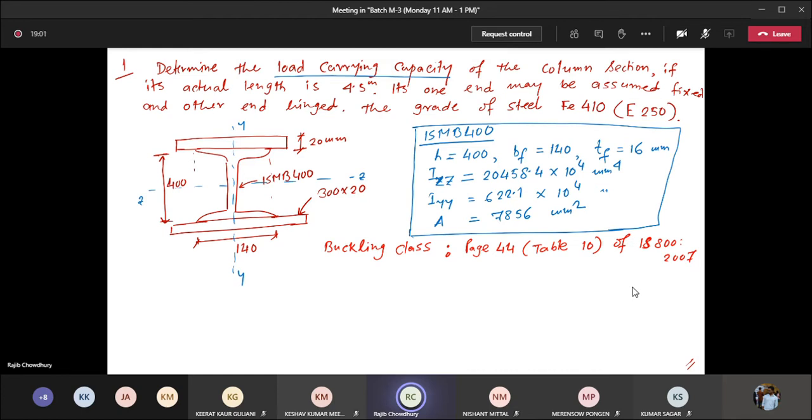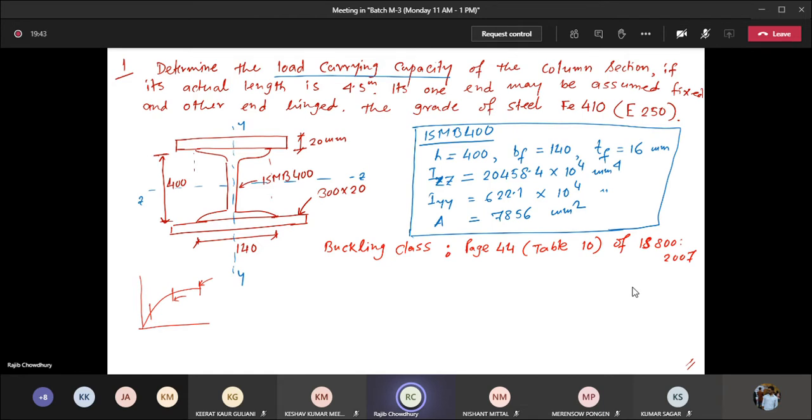I think in my very first lecture, or maybe the third or fourth lecture, I have given you this kind of stress strain data over here, and over there we had considered that this is the slender section, this would be the semi-compact section, this would be the compact section, and it is also been given in my lecture slide. If you can go through, then you will easily get it. Okay.